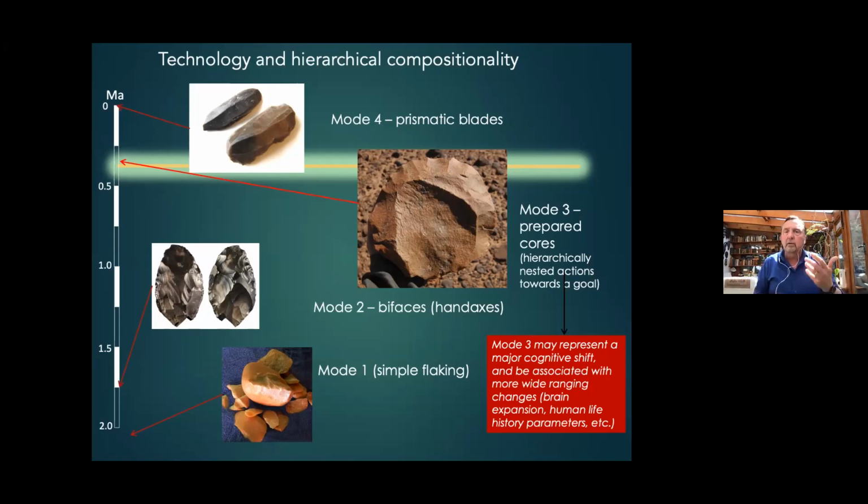And that hierarchical nested action has attracted quite a lot of attention from people thinking that this is not that dissimilar from what you see in language, where you see nested structures in place. And so perhaps the modes can be resurrected a bit in order to make these broader inferences.